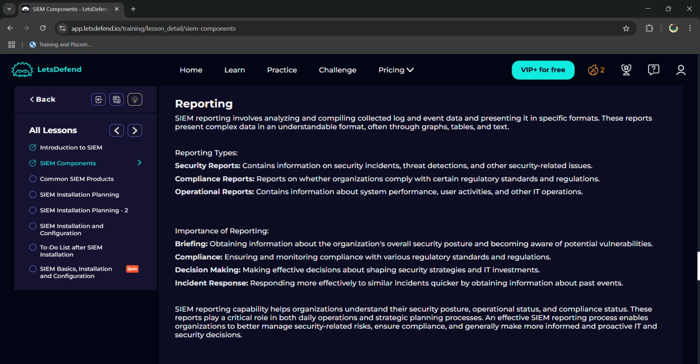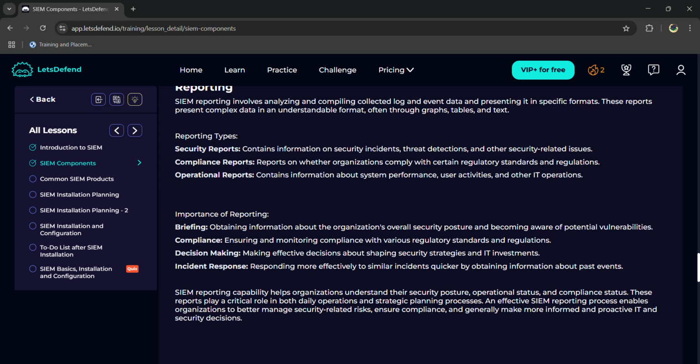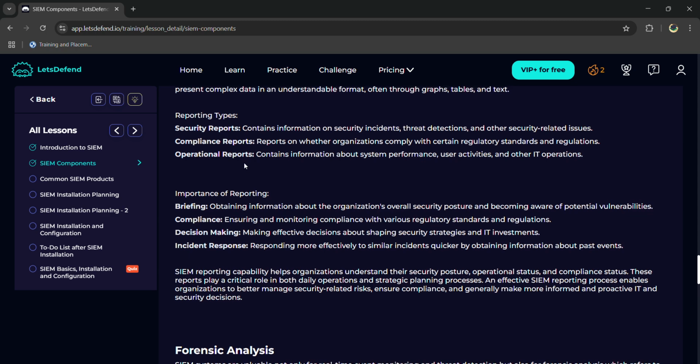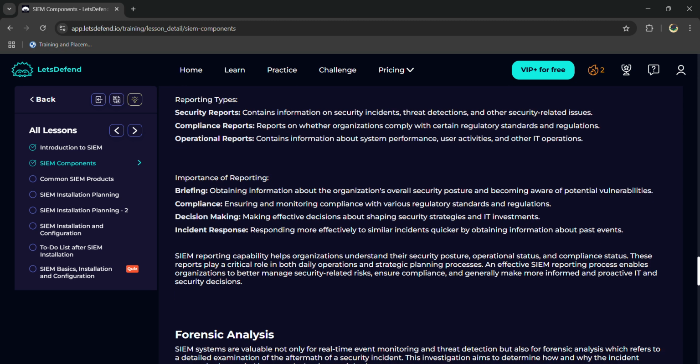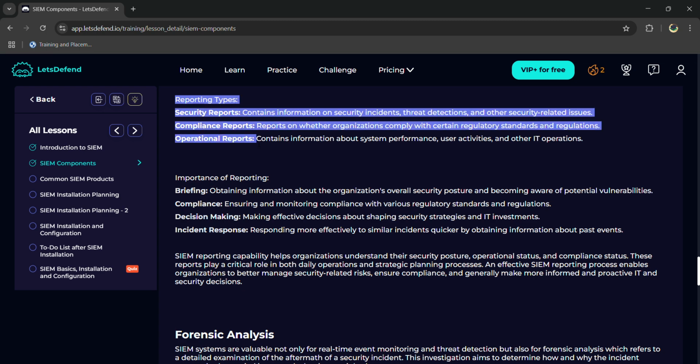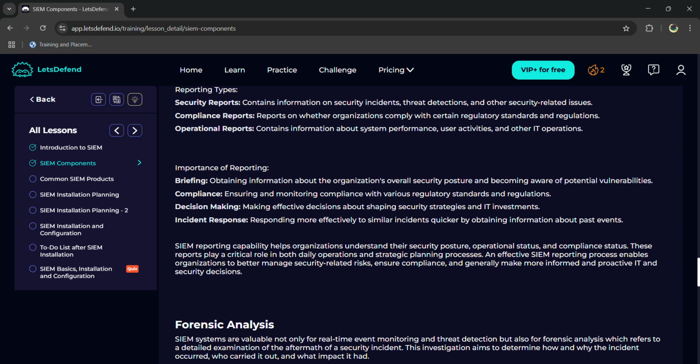Next up we have SIM reporting. So SIM reporting involves analyzing and compiling the collected log and event data by presenting it in specific formats, and these present complex data in an understandable format, often through graphs, tables and text. Next is reporting types. Reporting types could be security reports, compliance reports and operational reports. Security reports are the ones that contain the security incident details.